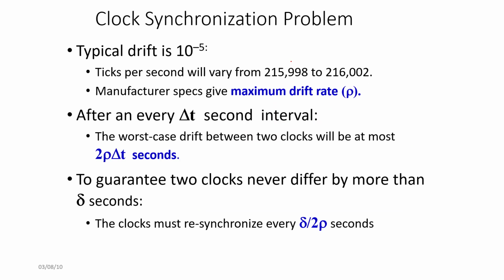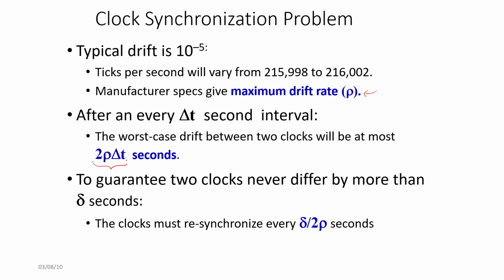So, as I said, the typical drift is roughly between 6 to 10 parts per million. The manufacturer specs will provide the drift rate. So the maximum drift between any two clocks, given this drift rate with respect to UTC, will be 2ρΔt seconds.